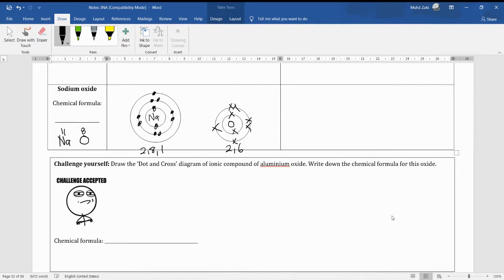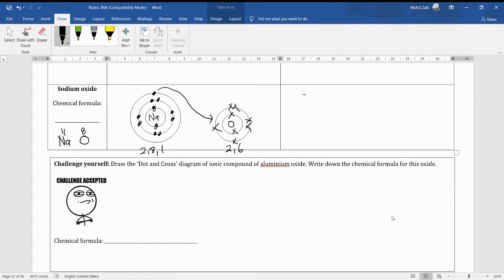Oxygen has 2 empty spaces, and sodium has 1 extra electron. So this electron needs to be transferred out, and then you have sodium 2, 8.